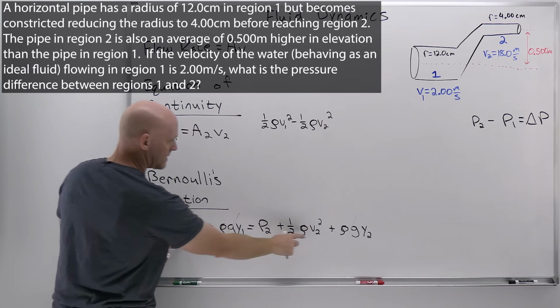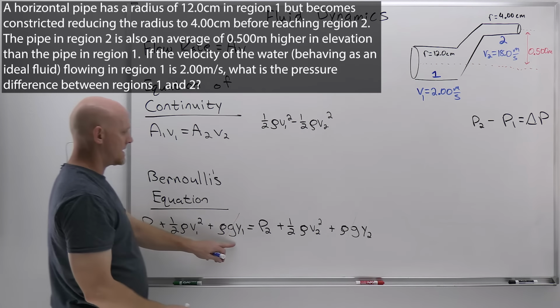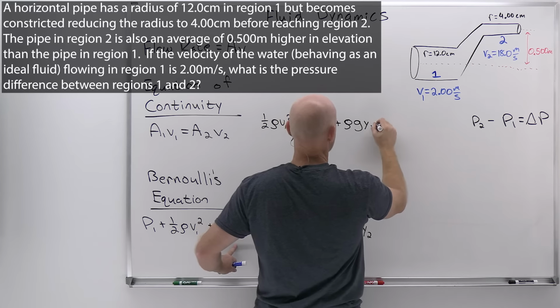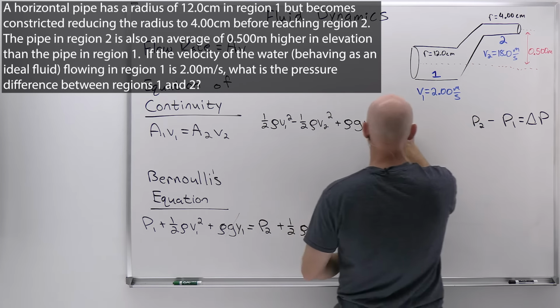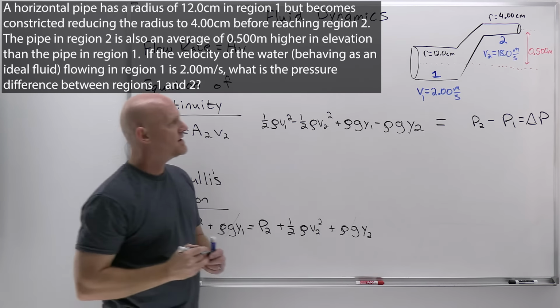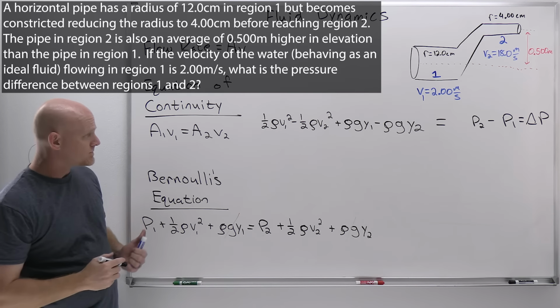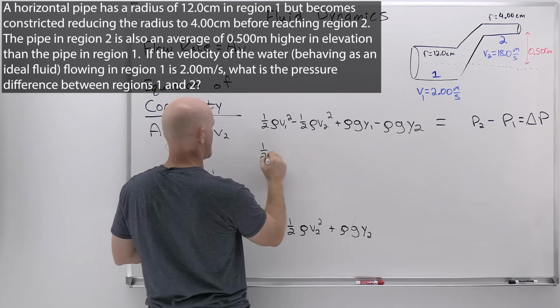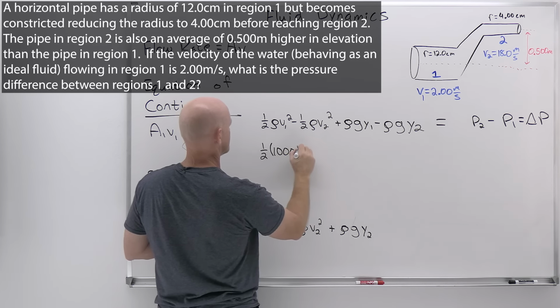I'm doing this term and subtracting this one over, and then I'm going to have rho g y1 minus this term subtracted to the other side, rho g y2, and that's equal to delta P here.